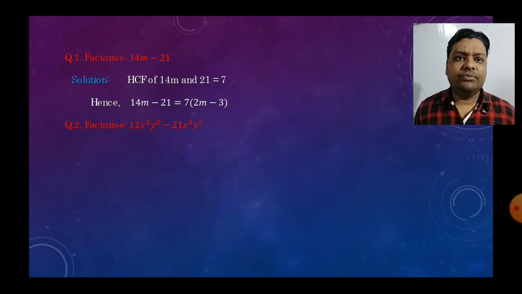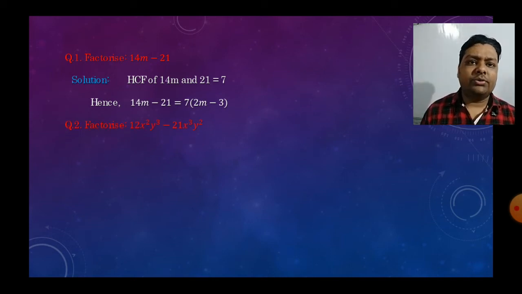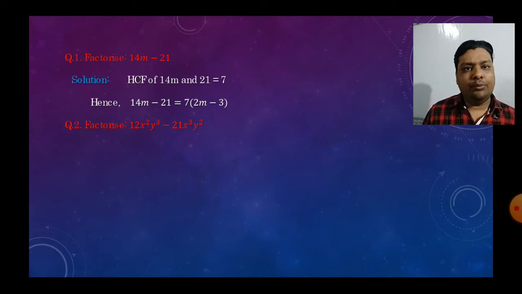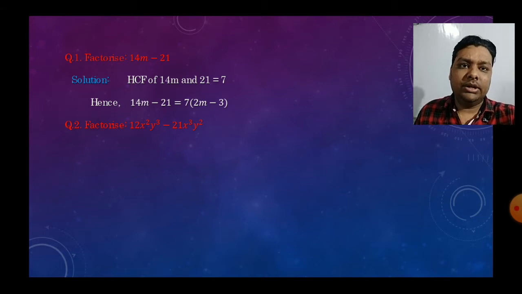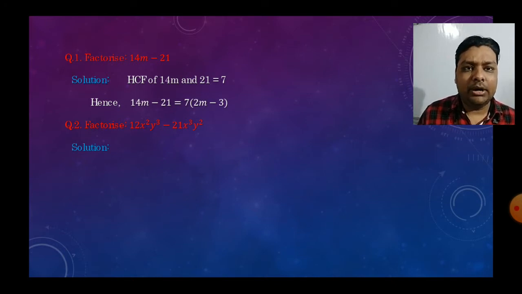Factorize 12x square y cube minus 21x cube y square. Again we find the HCF of both terms. First find the HCF of the numbers 12 and 21.